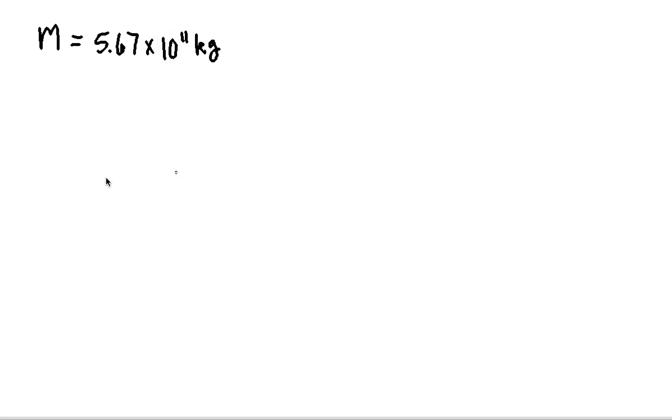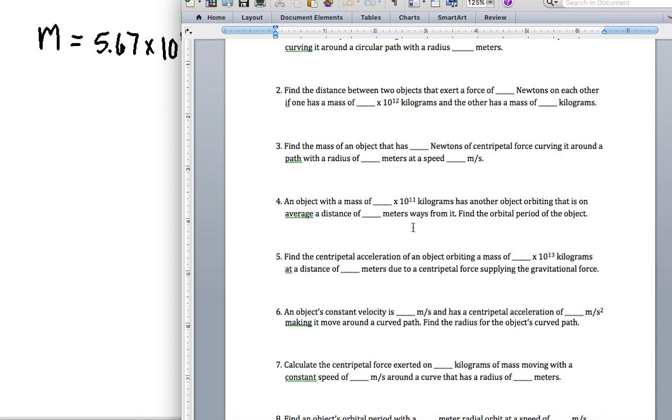So let's just say 5 meters is our average distance. That's pretty close for a mass this large to have another mass orbiting it at only 5 meters on average away. That's going to give us a pretty small number for what we're calculating, which is the period. So find the orbital period.